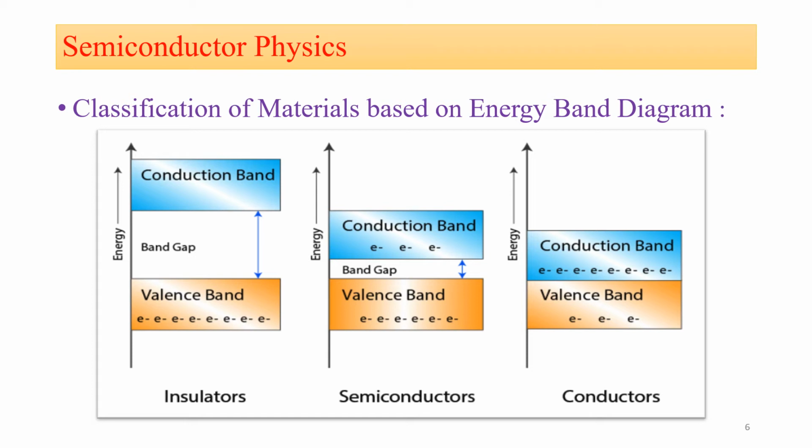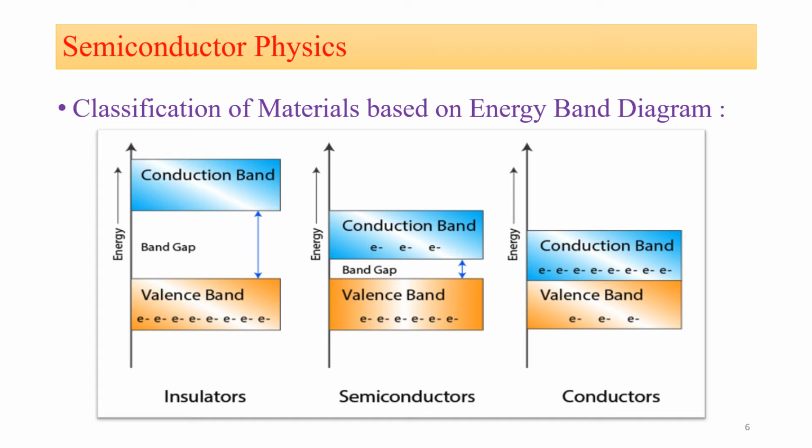And if you see the second picture, now what is a semiconductor? A semiconductor is a material which is a good conductor of electricity but less than the conductor and greater than that of the insulator.